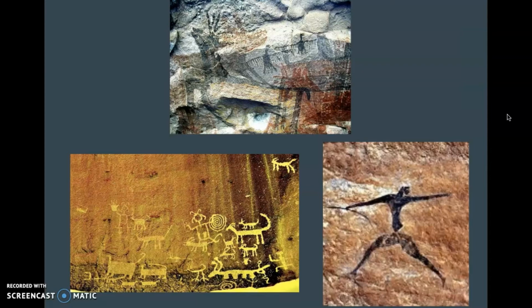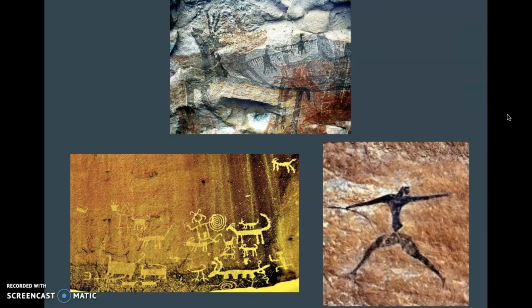A petroglyph, by the way, is not a rock painting where a pigment was added onto the surface of a cliff face, a cave face, or a rock face, but rather an incision type of art. So these people would carve into the rock to make what we now call petroglyphs.